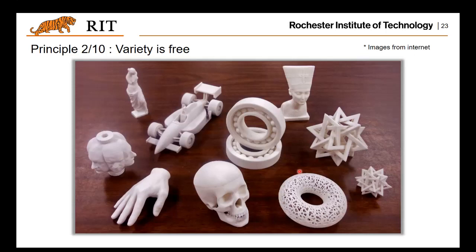If you use a conventional method, for example, if you want to print this hand, it has one setup. It has one set of machine tools. Not necessarily machine tools, but manufacturing tools. But if you switch to print this statue, probably you will change the whole thing, and that will make the change impossible.